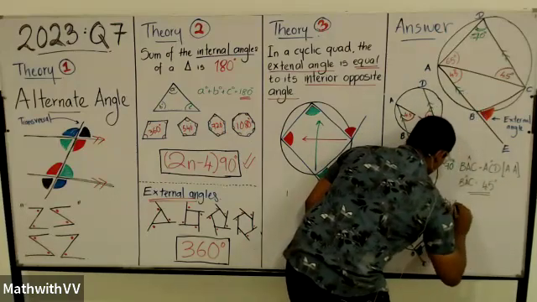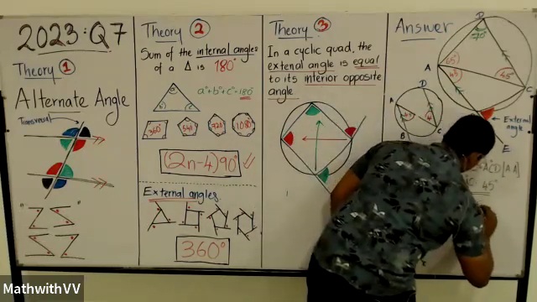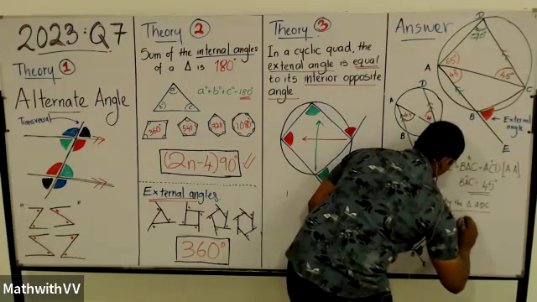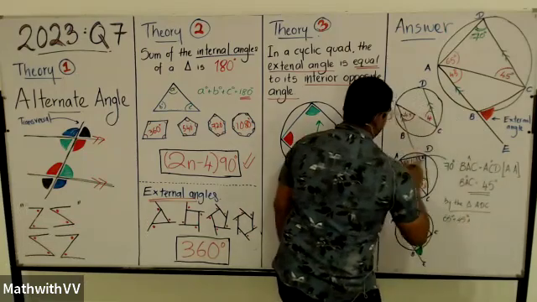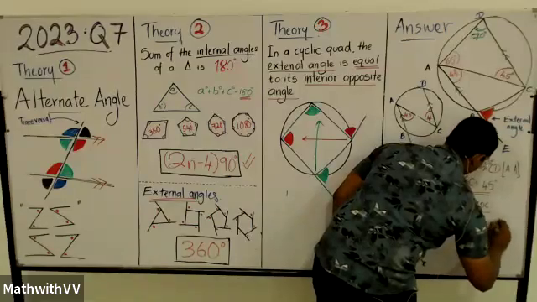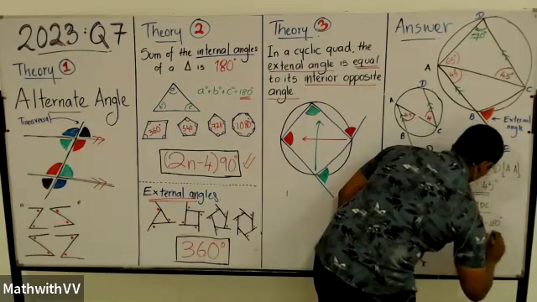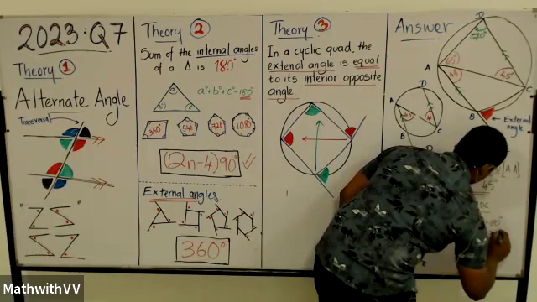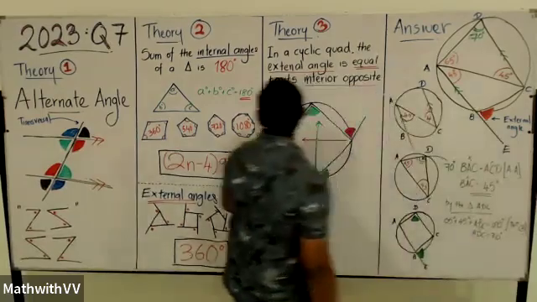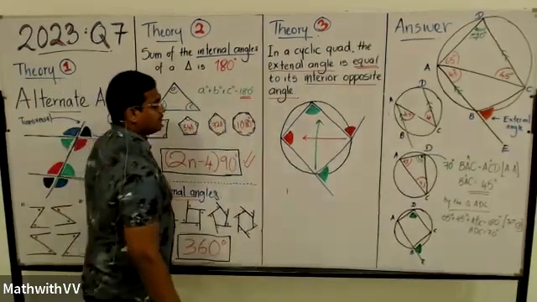Next, by the triangle ADC, 65 plus 45 plus ADC equals 180. ADC equals 70 degrees. This is by theorem 2. What is theorem 2? The sum of the internal angles of a triangle is 180 degrees.